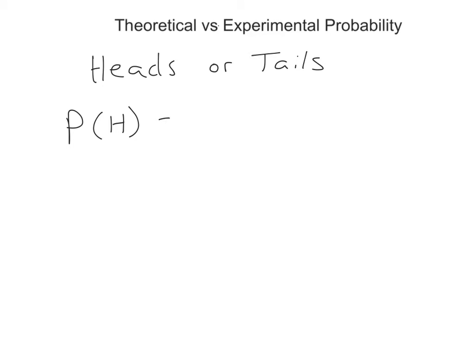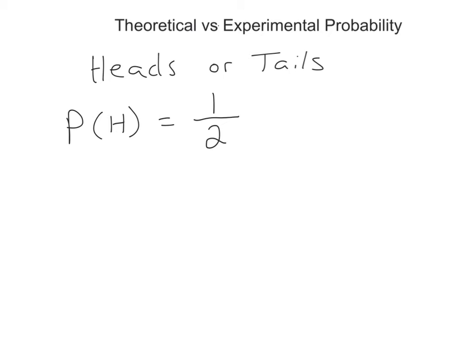Well, we would take a look and we would say, okay, well, the possible outcomes, there are two possible outcomes. We would say, why is it two? Because it could either be heads or it could be tails. So that's why we got two possible outcomes. The chance that it land on heads, there is only one situation that will give me heads. So it is 1 out of 2, or as we say, 50% probability.